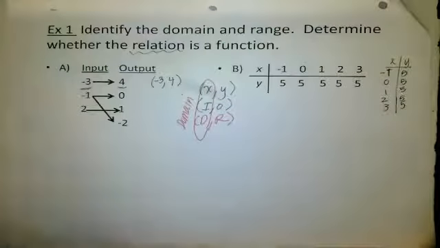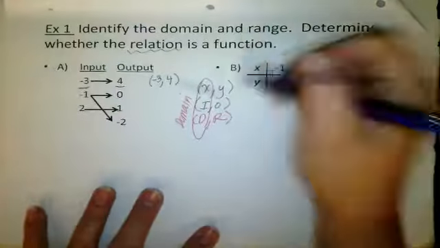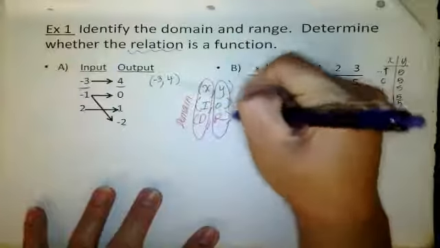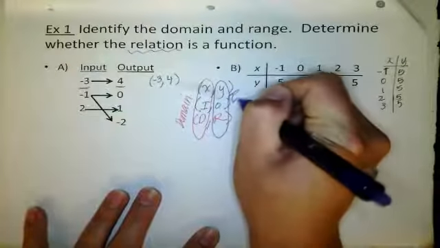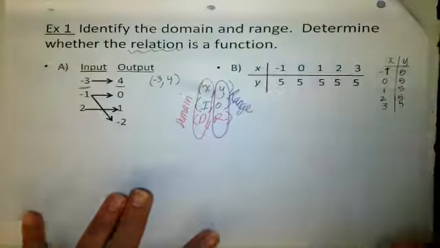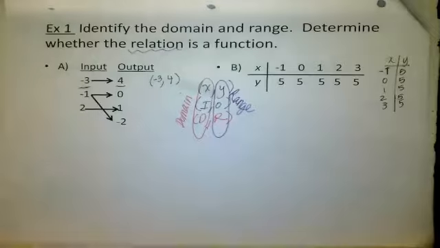And the range is simply all the outputs or all the Y values that you get out. The nice thing is everything's alphabetical. So it's a great way to help keep things straight. All right, domain before range, D before R.